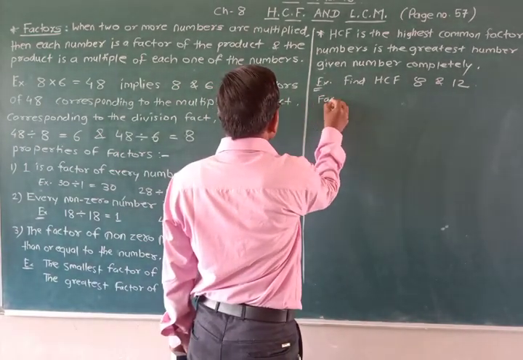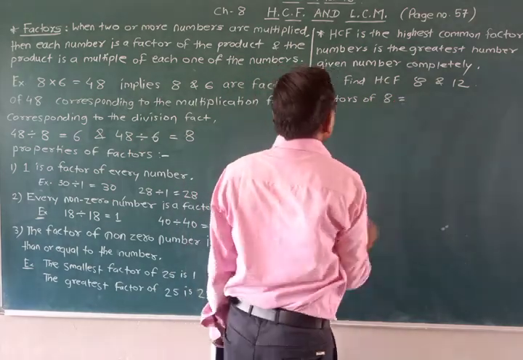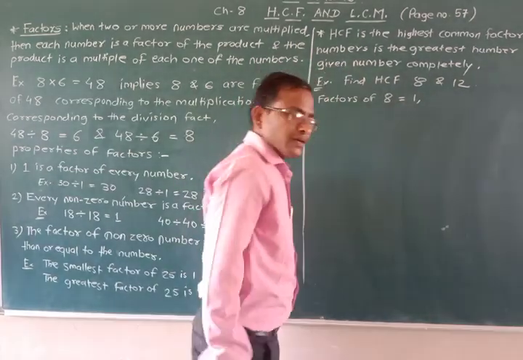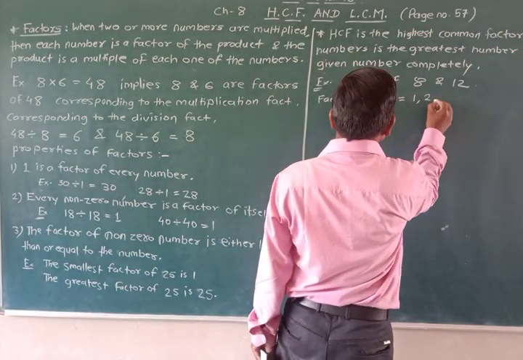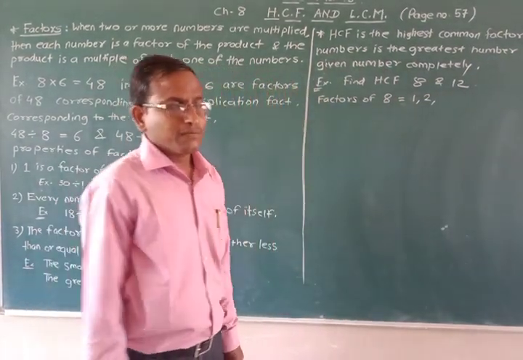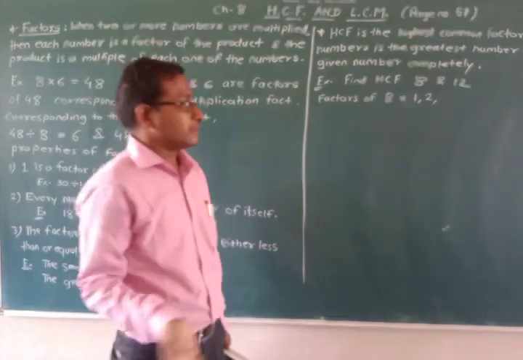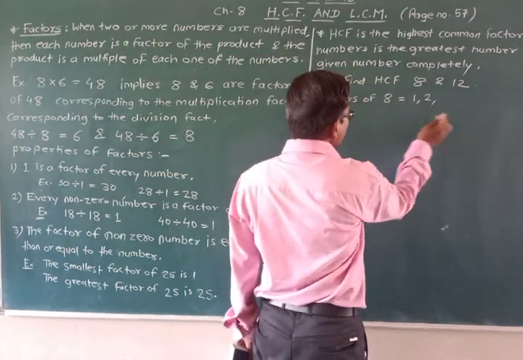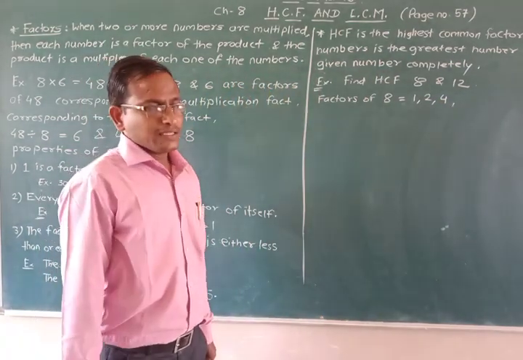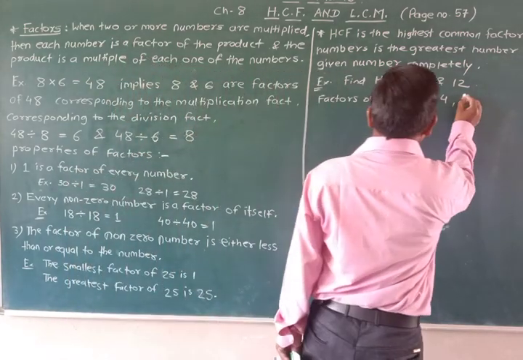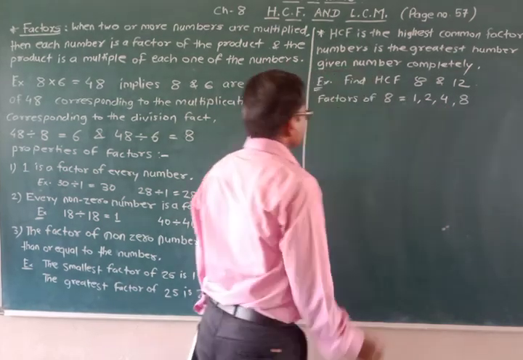So first we write the factors of 8. 1 is a factor of every number. Then 2 divides 8, so 2 is a factor of 8. 3 does not divide 8, so 3 is not a factor of 8. Then 4 is a factor, and then 8 is a factor. So there are only 4 factors here: 1, 2, 4, 8.